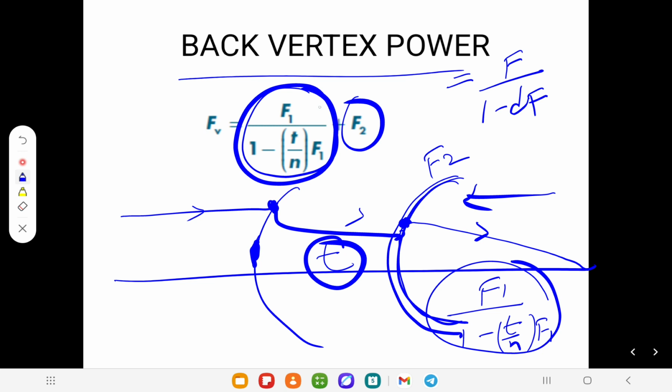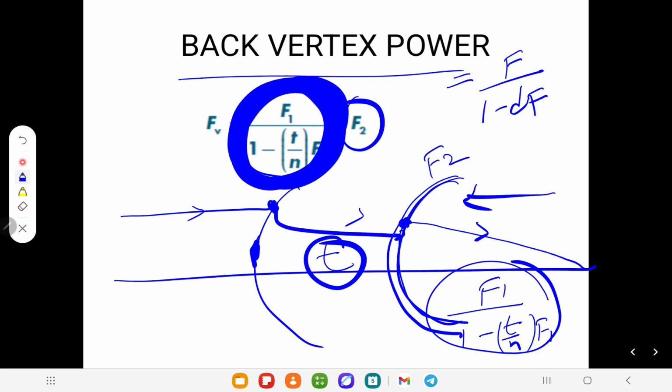It means this: not just the power of the front surface, but the downstream vergence of the front surface at the back surface, and then you add the back surface. You are not directly adding F1 plus F2. You are adding F2 plus the downstream vergence of the F1 surface, which is F1 divided by 1 minus t by n F1.